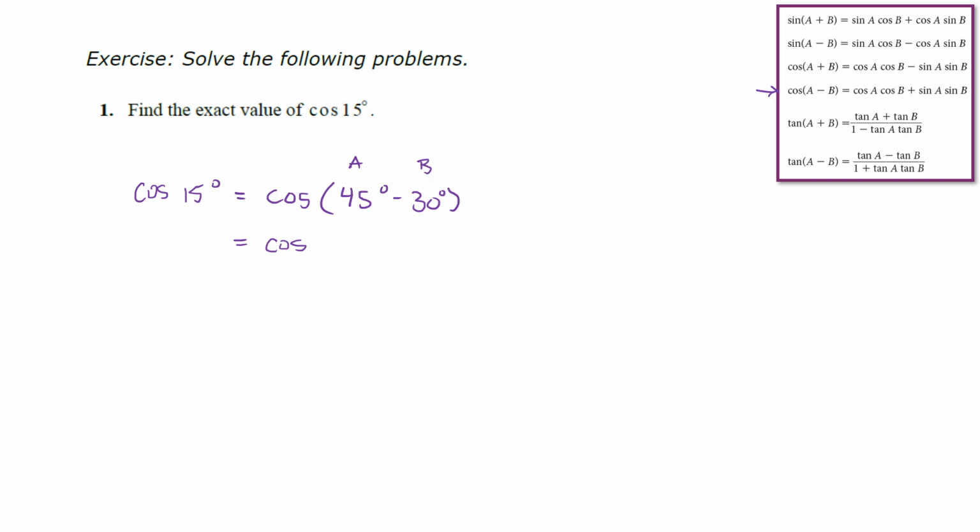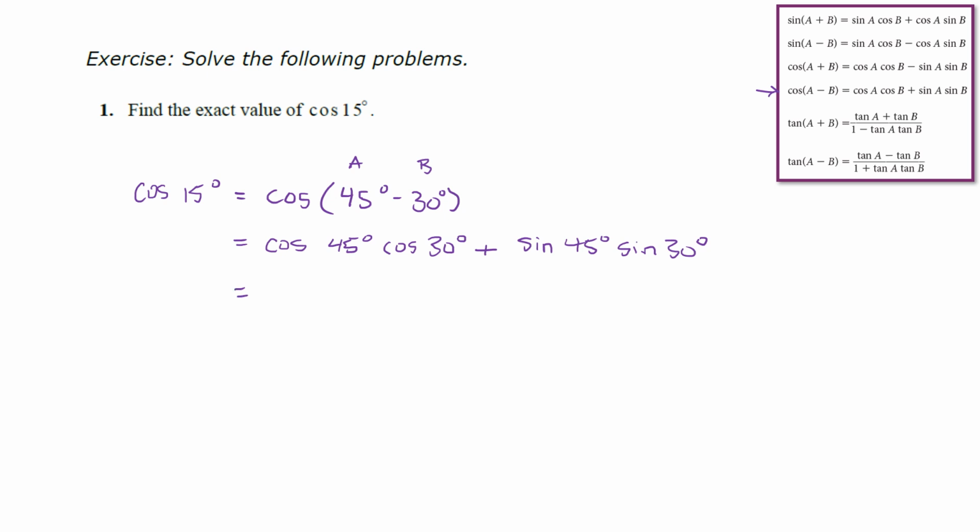So I have cosine of 45 times the cosine of 30 plus, because cosine's the opposite, the sine of 45 times the sine of 30.